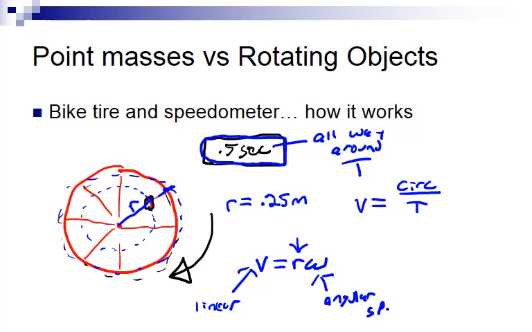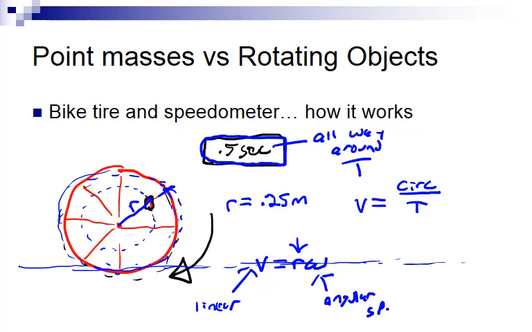So, in this case with the bike tire going all the way around, there's multiple ways to figure this out, but overall we could figure out how far we've gone based on the tire here. So in other words, if this is the ground here, and the tire makes a full revolution, it goes all the way around.